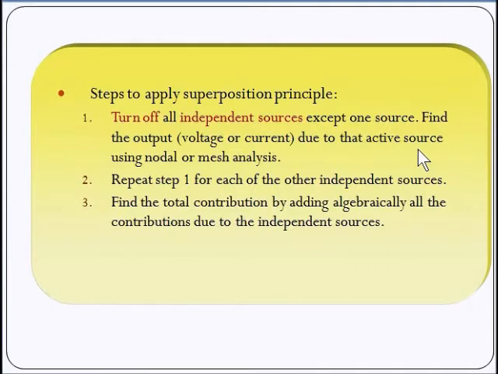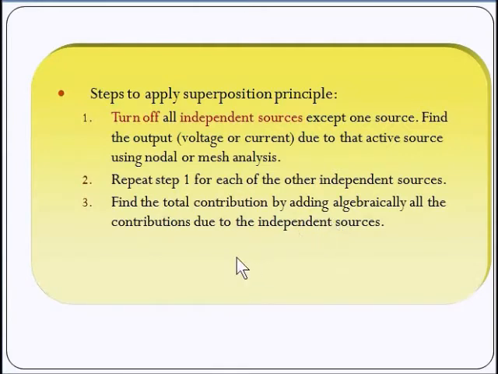Then find the output, either voltage or current, due to that active source only, using nodal and mesh analysis, which you learned in the previous chapter. The second step is to repeat the first step for the other independent source. That means kill another source and find the output voltage using nodal or mesh analysis.